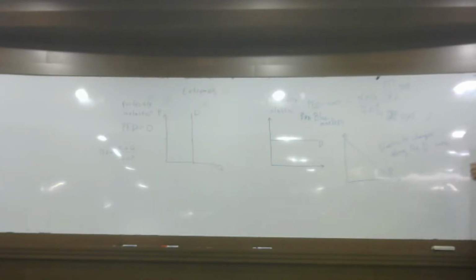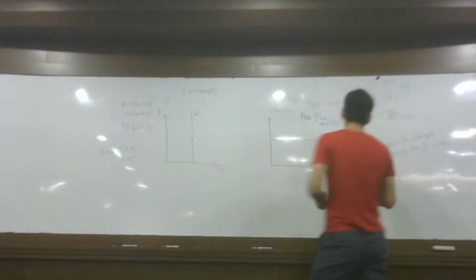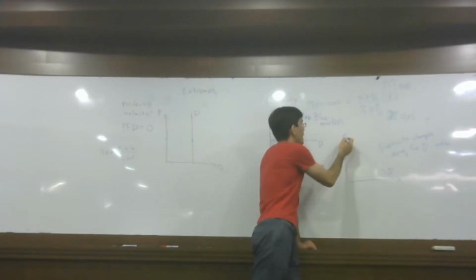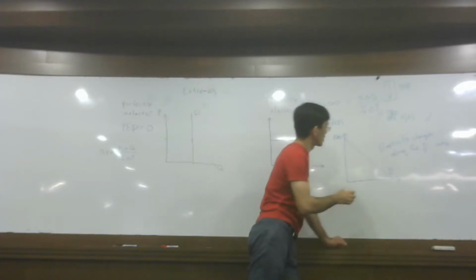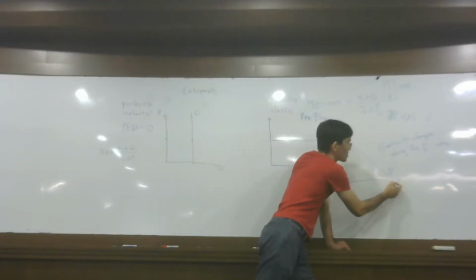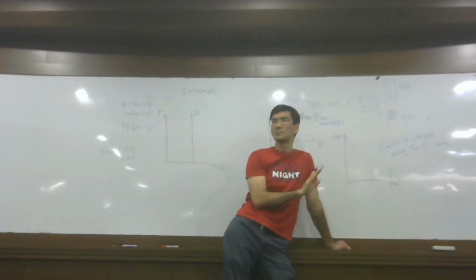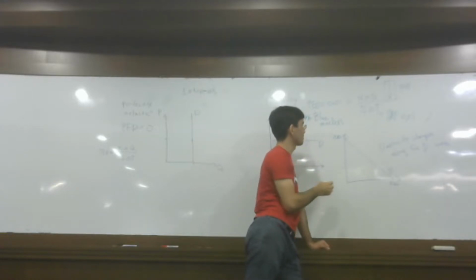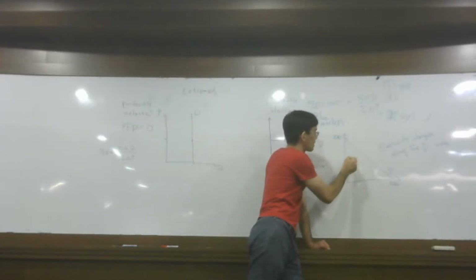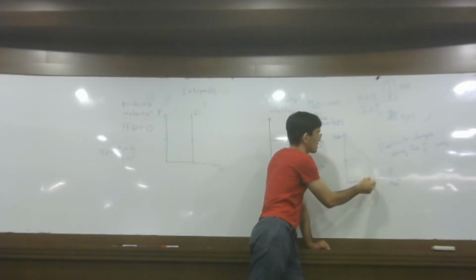Okay? Let's have a look at some examples. Let's have a demand. Let's call this 100, just for simplicity, right? Let's just take some round, similar numbers. So the middle is going to be somewhere around 50, yes?